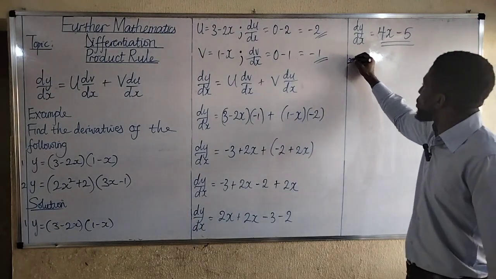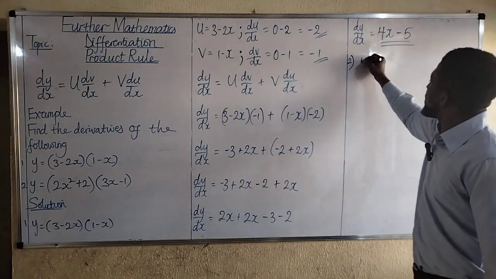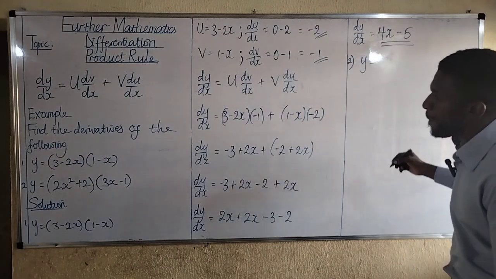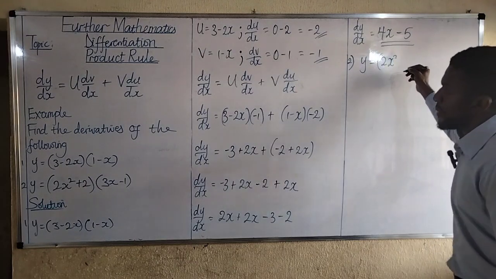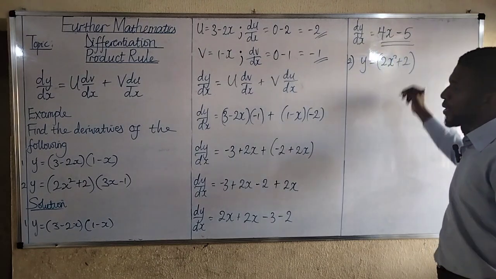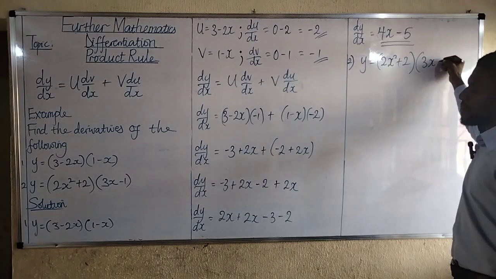Now question 2. We're asked to differentiate this. y equals (2x squared plus 2) multiplied by (3x minus 1).